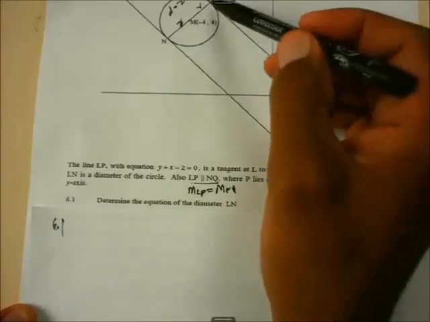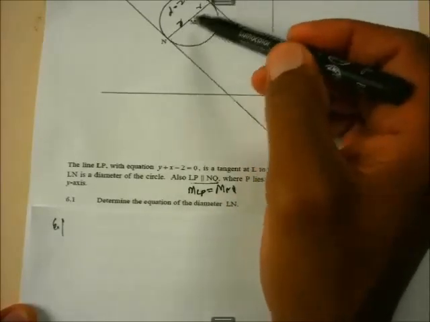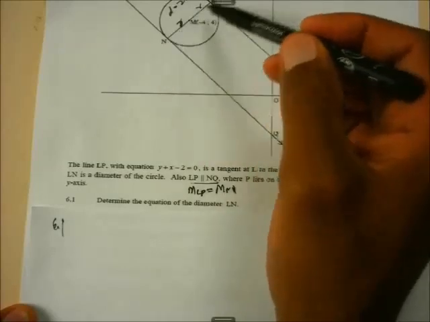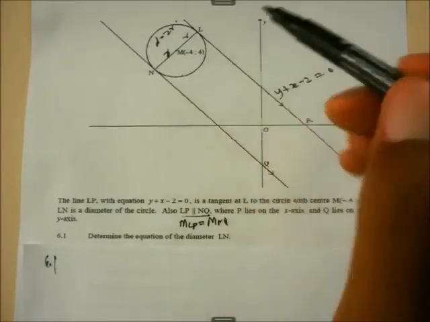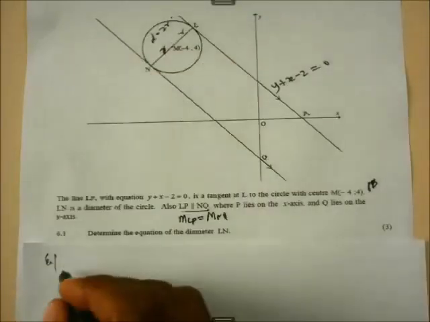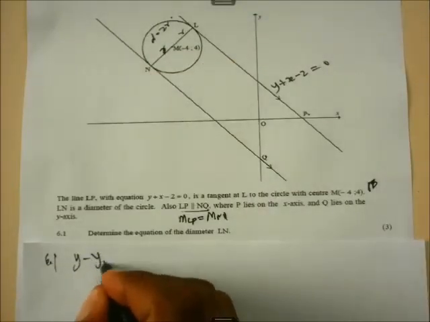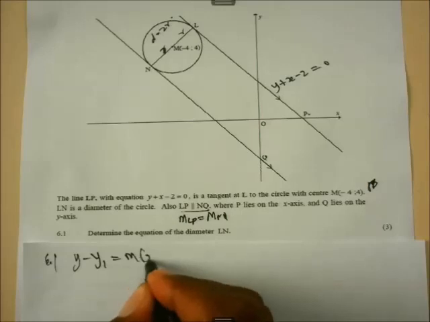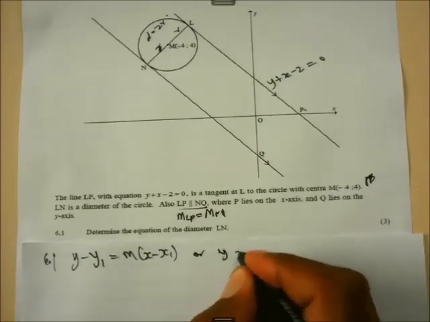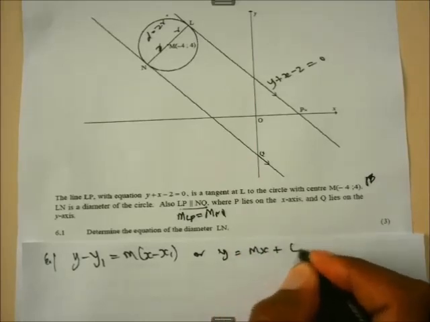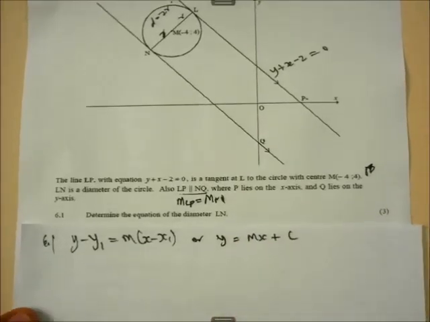Okay. Now here's the diameter LN, and this diameter is a straight line. You will remember that for a straight line we have y minus y1 equals m into x minus x1, or one will say y equals mx plus c.